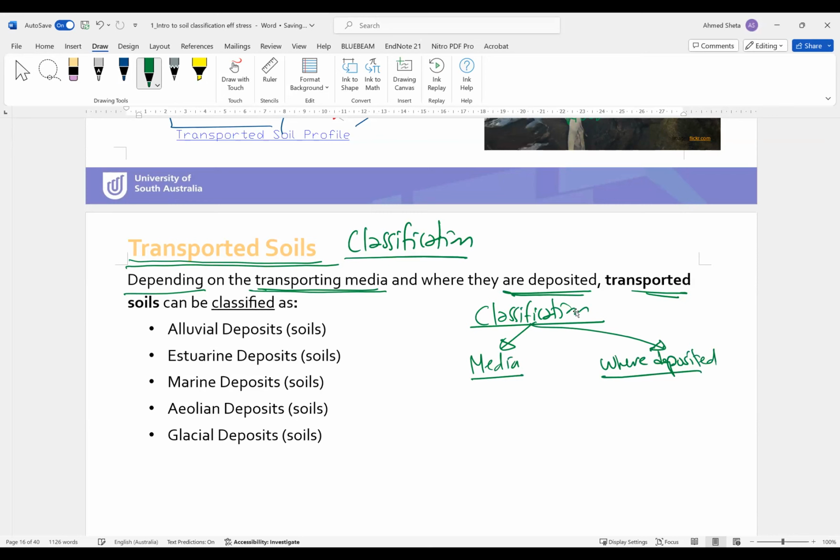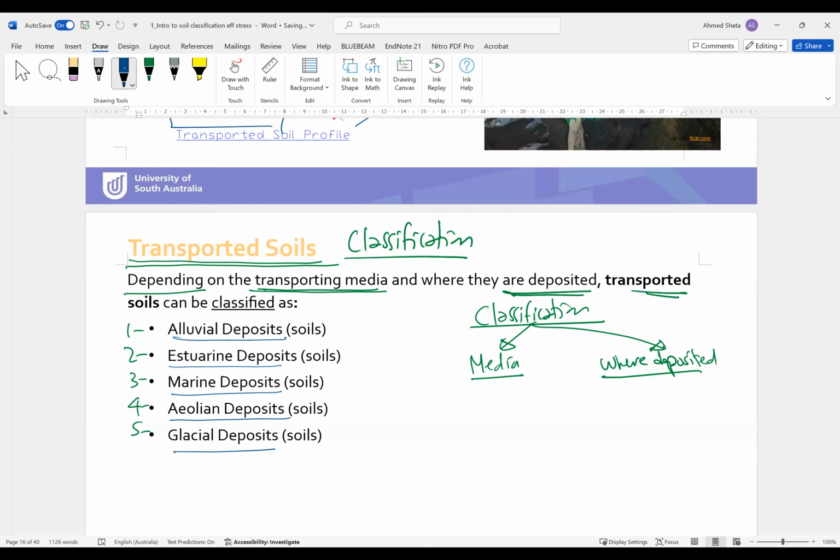We have 5 types depending on these 2 classifications: alluvial deposits, estuarine deposits, marine deposits, aeolian deposits, and glacial deposits. Deposits mean soil or soil particles.